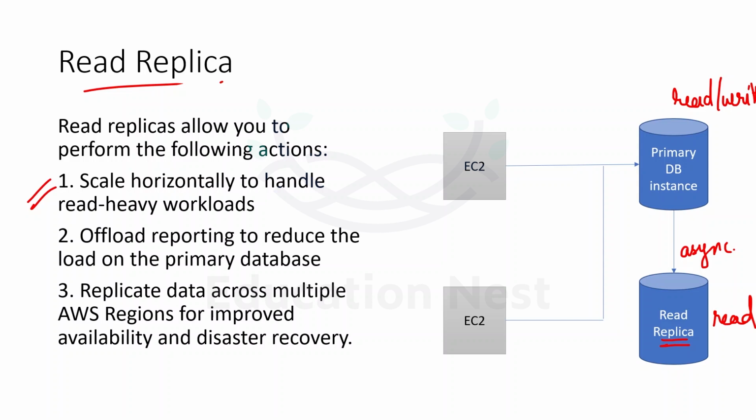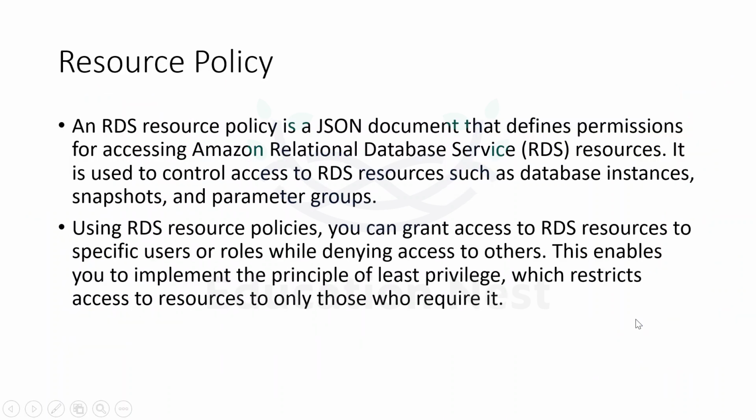The next topic we are going to discuss is the resource policy. We know there are two types of policy: identity-based and resource-based policy. Because RDS is our resource, we would be applying the resource-based policy on RDS for managing access control.